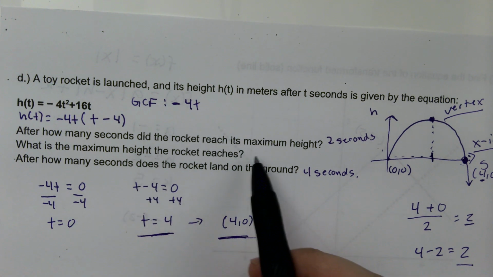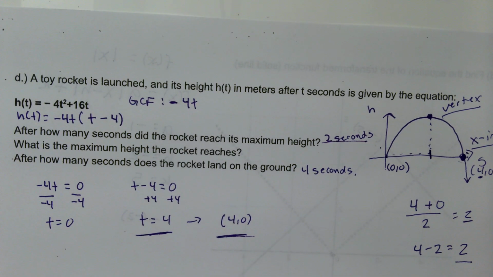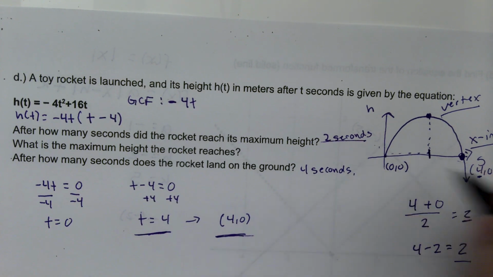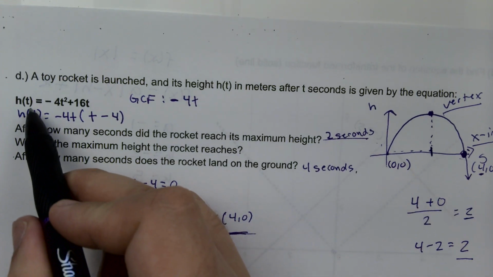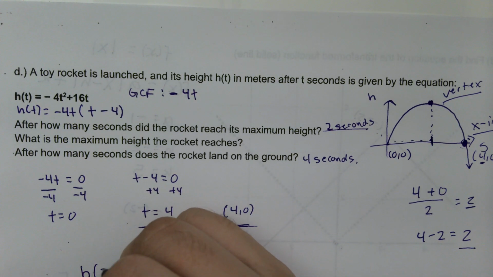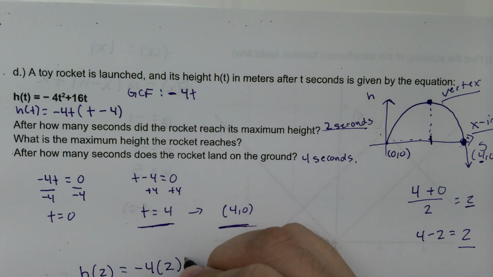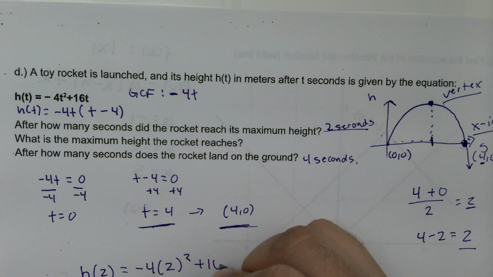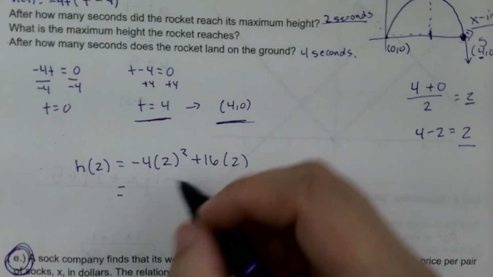What's the maximum height the rocket reaches? Well, if it reaches it at 2 seconds, and that's my independent variable, I'm going to substitute it into my original function. Meaning h of 2 is negative 4 times 2 squared plus 16 times 2. 2 squared, PEMDAS, we cannot forget PEMDAS, is 4.